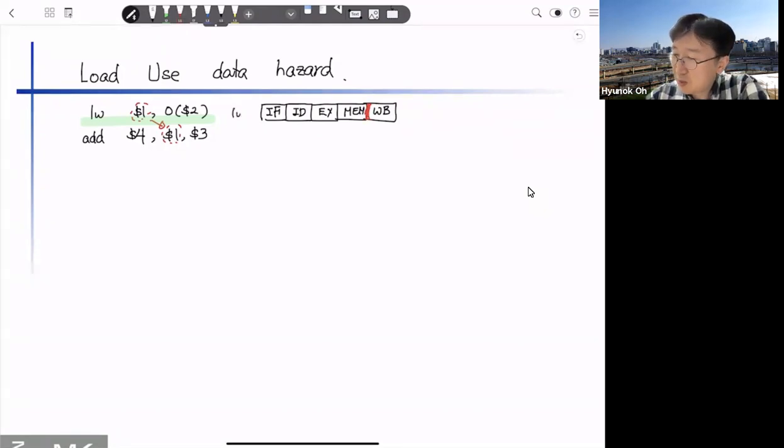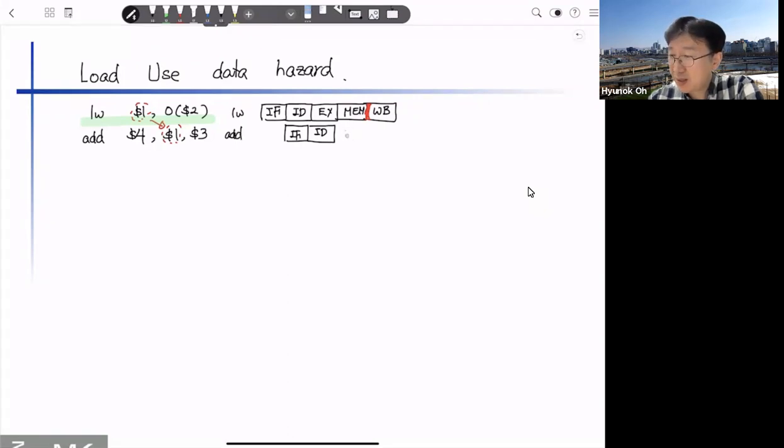So this is the load and this is the add instruction. The add instruction is starting here and it is trying to decode. But we know that the execution should receive the data before it starts. Can you start here? No, because the data is not available when the execution stage is starting.